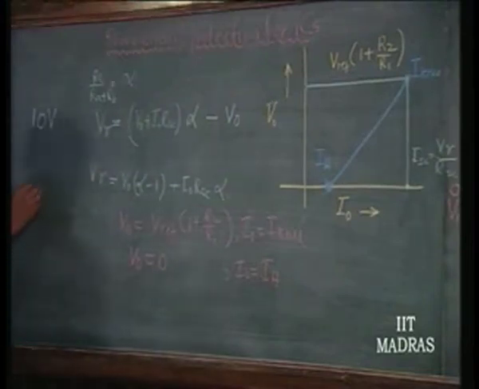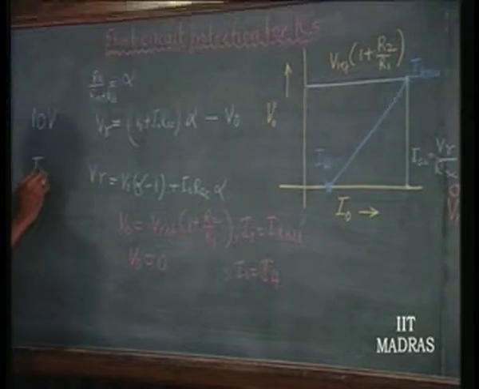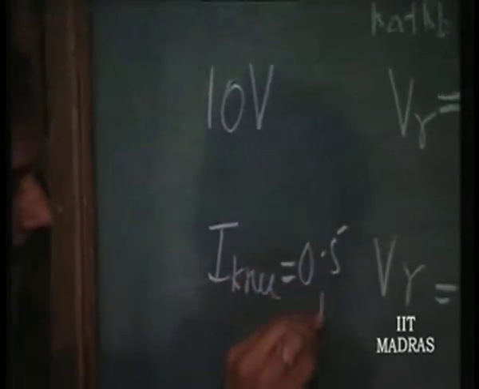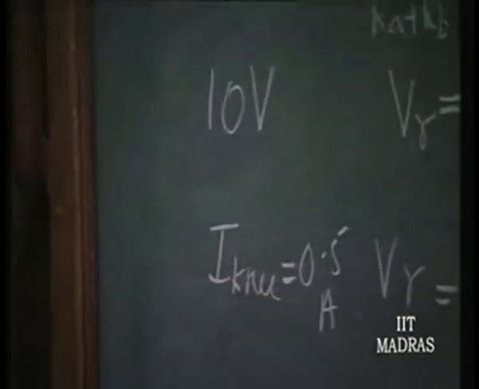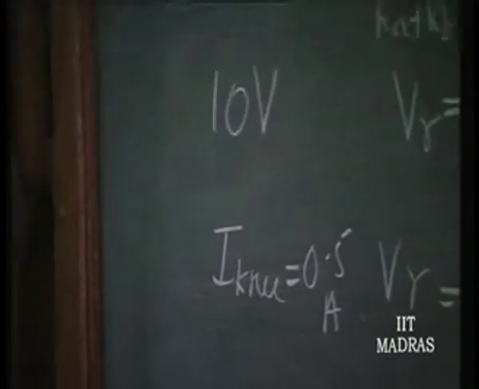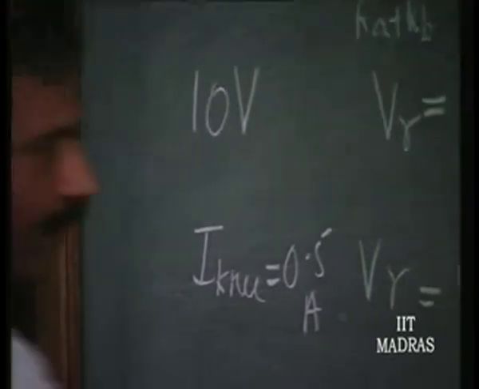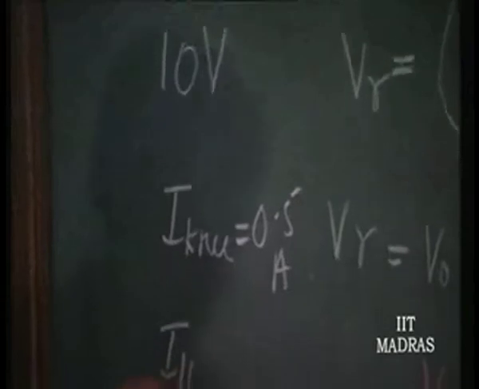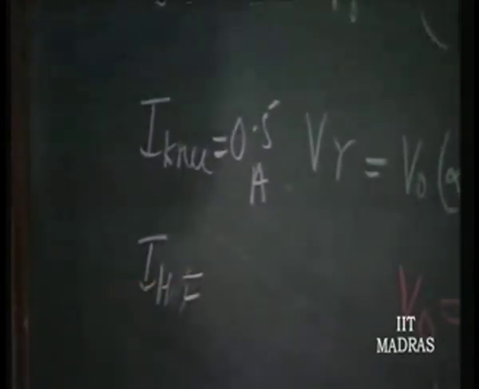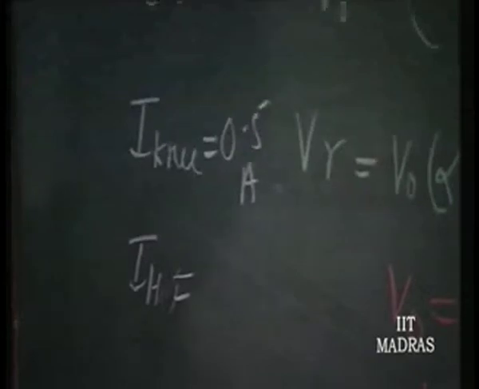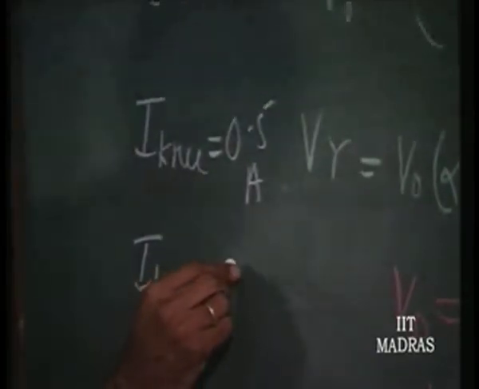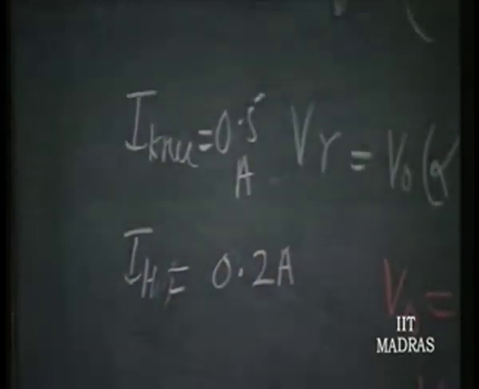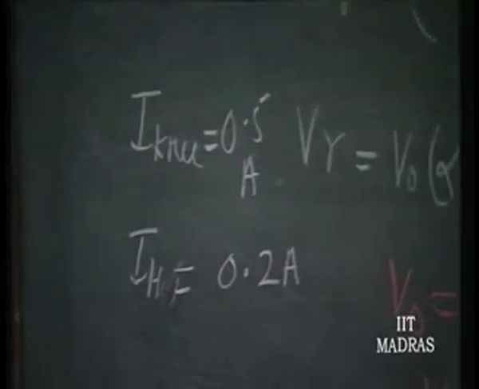Then we will take I knee as, let us say, 0.5 amperes. So, I knee is known as 0.5 amperes. Let us have I hold equal to, let us say, I will just take it as 0.2 ampere. I am just not sure whether this is the right value or not. Let us see what the trouble is going to be.